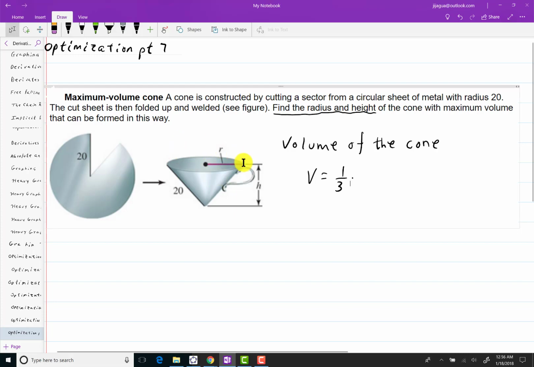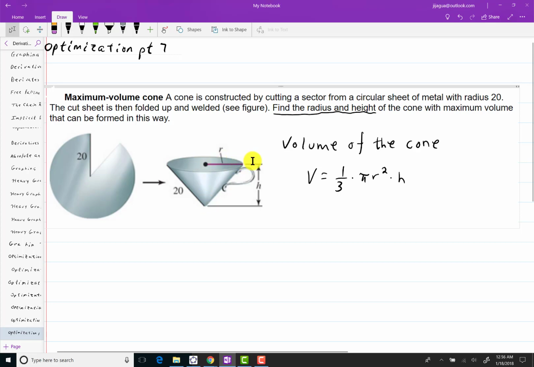So that's pi r squared for the area of my base, times the height, h. And I'm left with trying to figure out a connection between r and h. Hopefully this doesn't take much. You can see that the height is h.